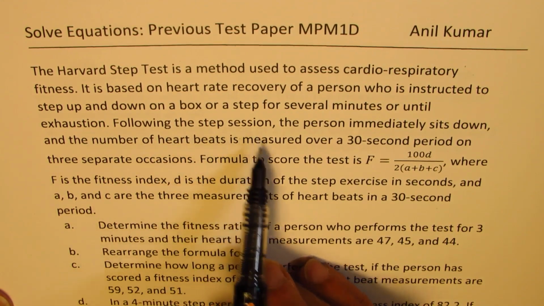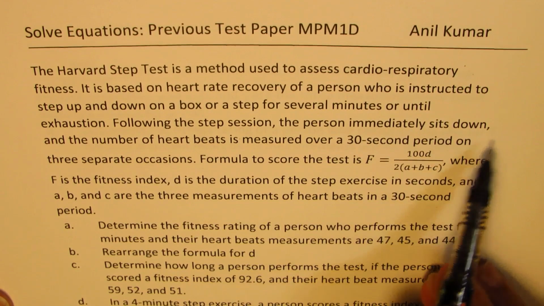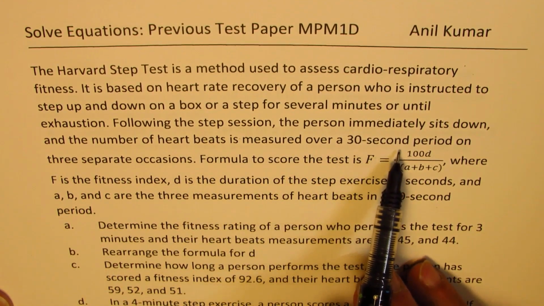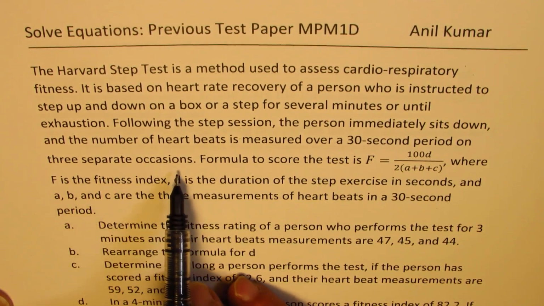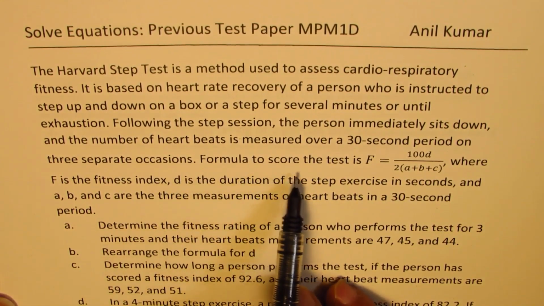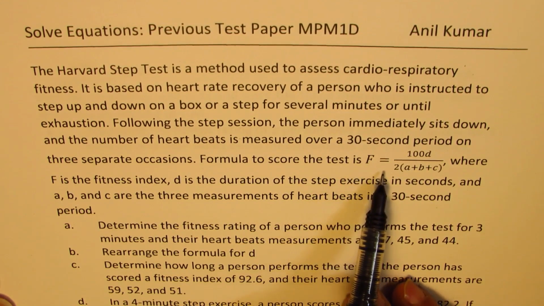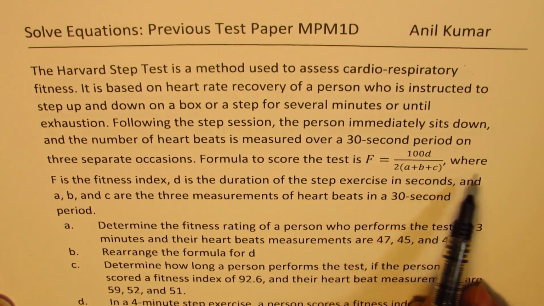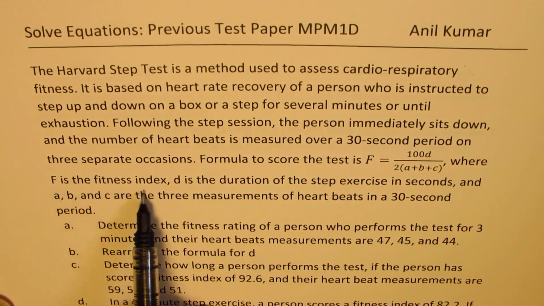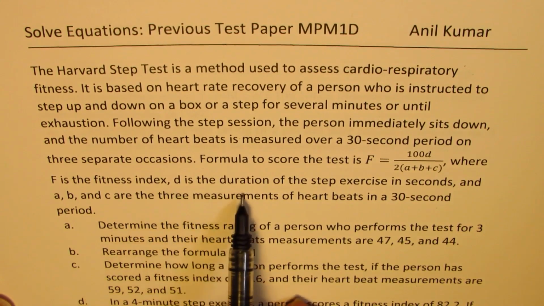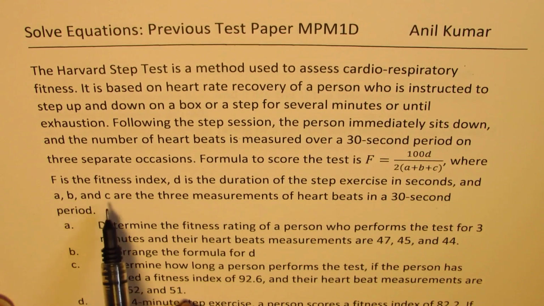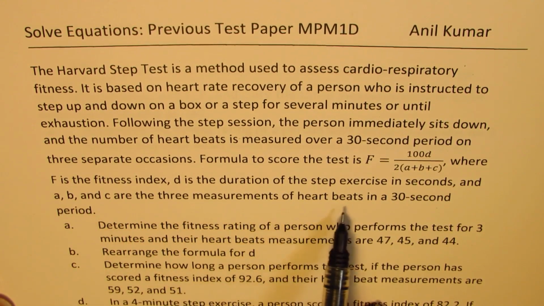Following this step session, the person immediately sits down and the number of heartbeats is measured over a 30-second period on 3 separate occasions. The formula to score the test is F equals 100D divided by 2 times A plus B plus C, where F is the fitness index, D is the duration of step exercise in seconds, and A, B, and C are the 3 measurements of heartbeats in a 30-second period.